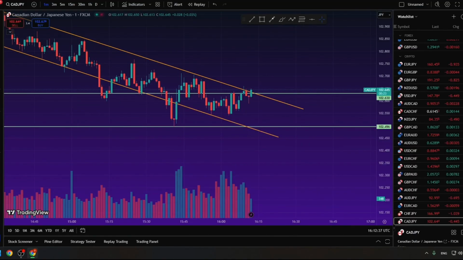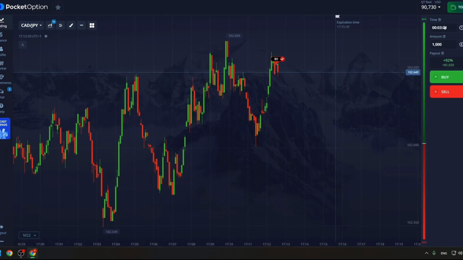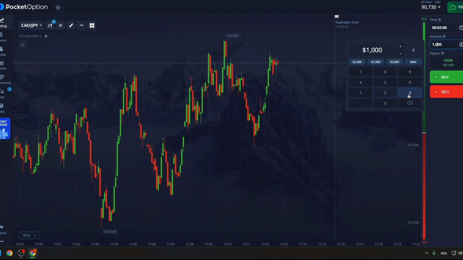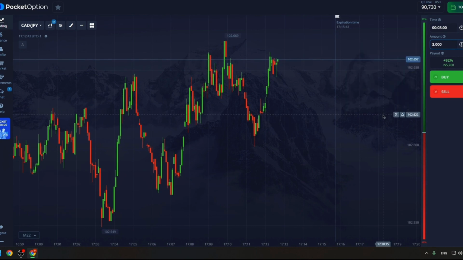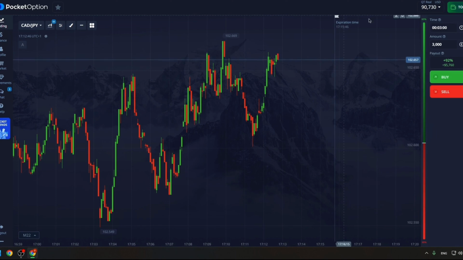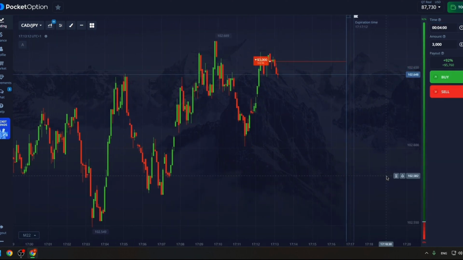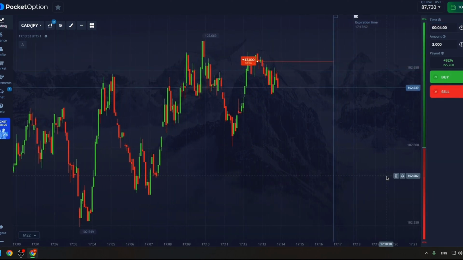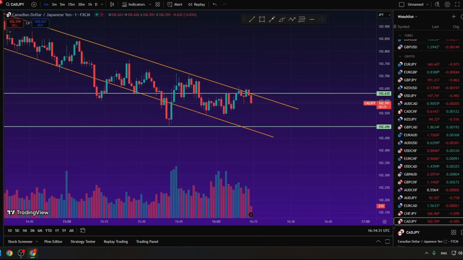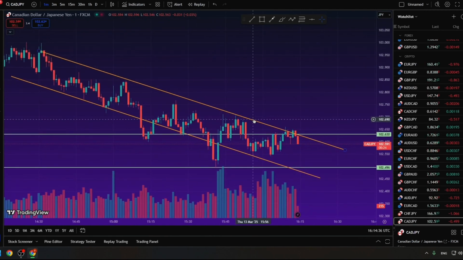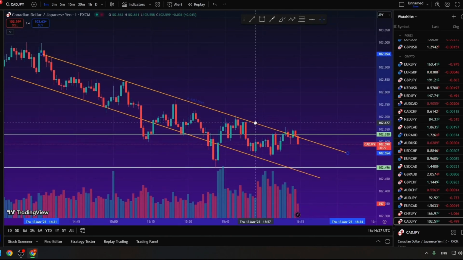As you can see, the price has come back to retest the level again, but that's absolutely normal. In such cases, I always have an amount set aside for covering trades. The price may slightly go beyond the range, and that's absolutely normal.